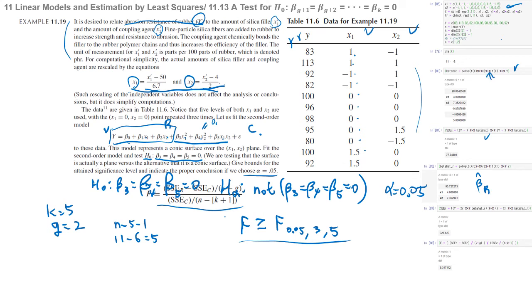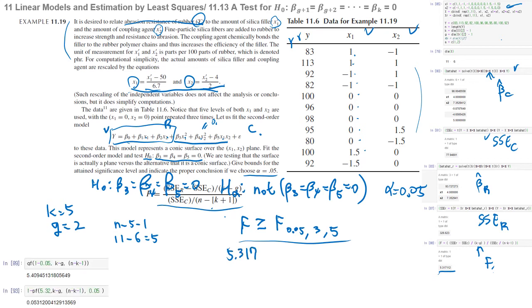This is beta hat complete, this is SSE complete, this is SSER, and this is the F test statistic that you write down here, and the result is 5.317. F is 5.317. And what would be this one?